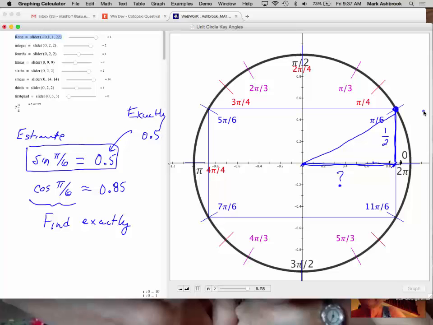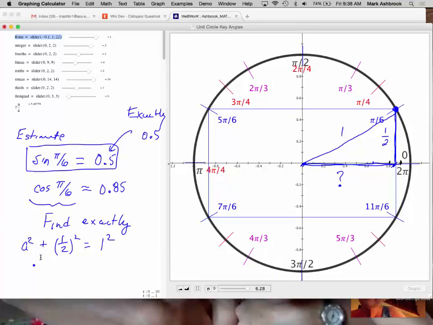Chris, did you get started on it? Tell me, how did you start? So the hypotenuse is 1. Okay, good. What do you think? That's it. That's perfect.